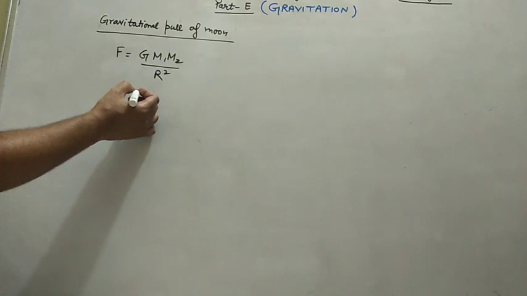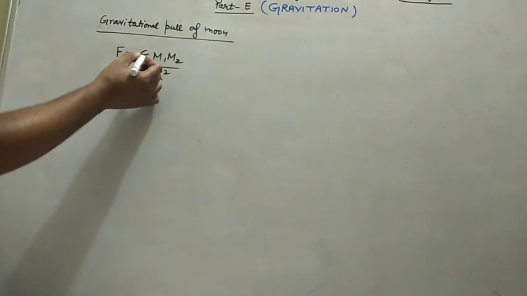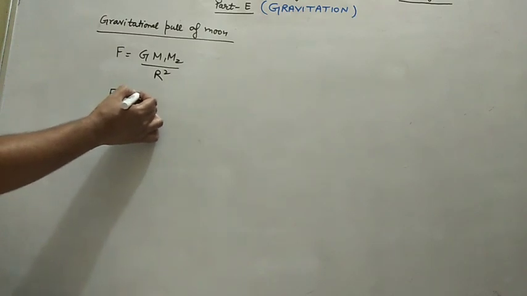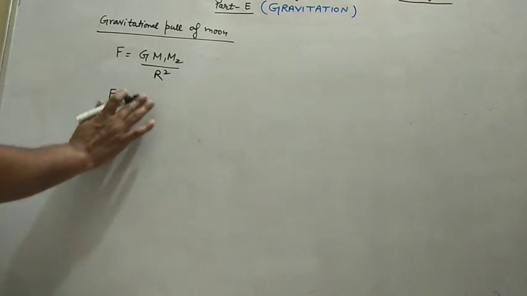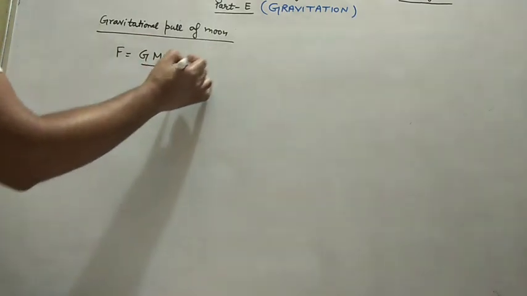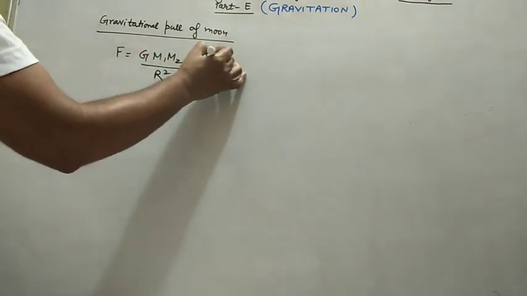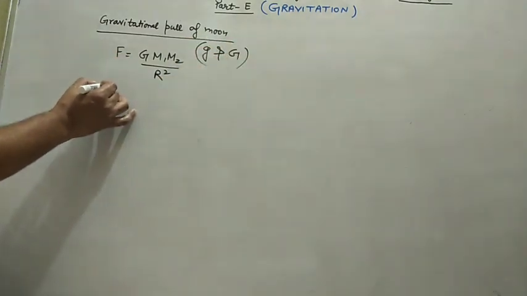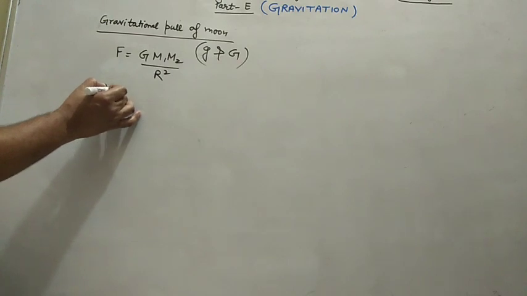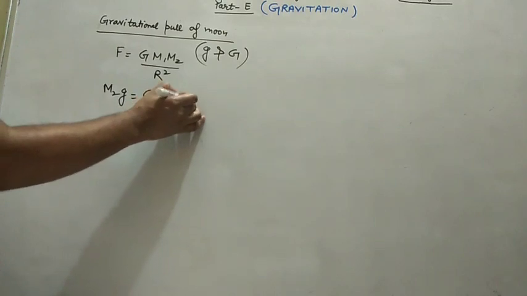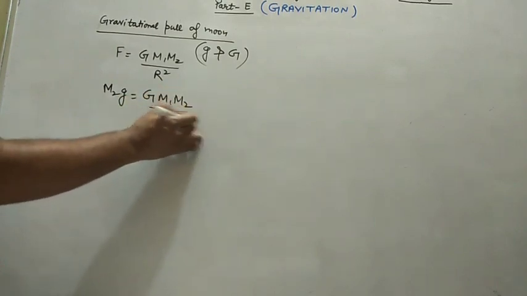First we'll try to get the simple relation between small g and capital G. So F is equal to m2 g, and here G m1 m2 upon r square.